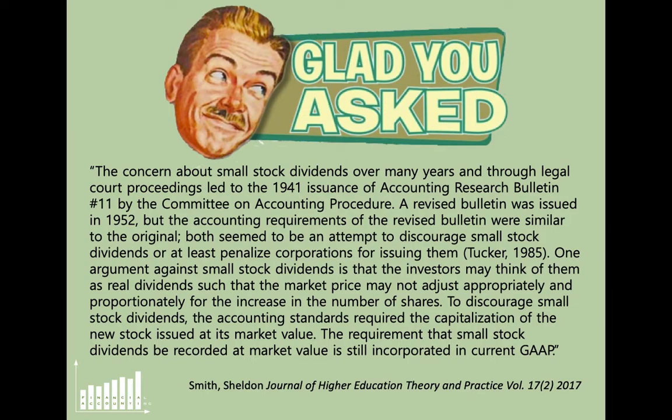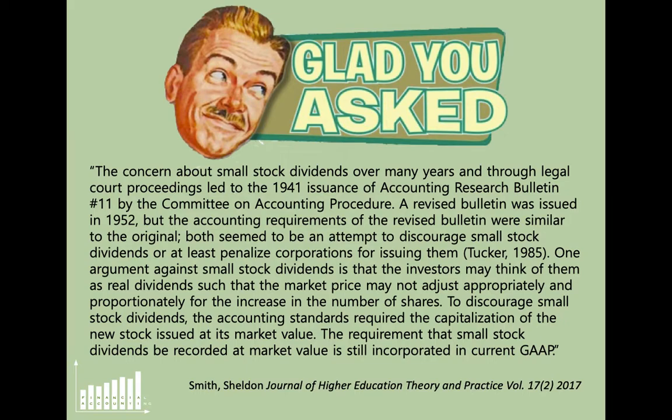A revised bulletin was issued in 1952, but the accounting requirements of the revised bulletin were similar to the original. Both seem to be an attempt to discourage small stock dividends, or at least penalize corporations for issuing them. One of the arguments against small stock dividends is that investors may think of them as real dividends, such that the market price may not adjust appropriately and proportionately for the increase in the number of shares.